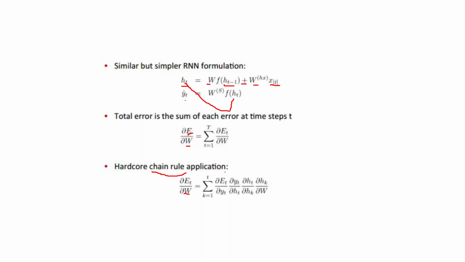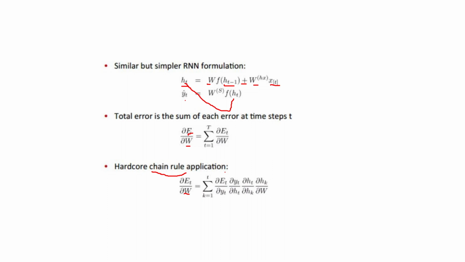Yt depends on my ht, that is my hidden representation. The hidden representation again depends on the previous hidden representation, and the previous hidden representation depends on my weight again. So using this chain rule, I'll be able to update each weight.